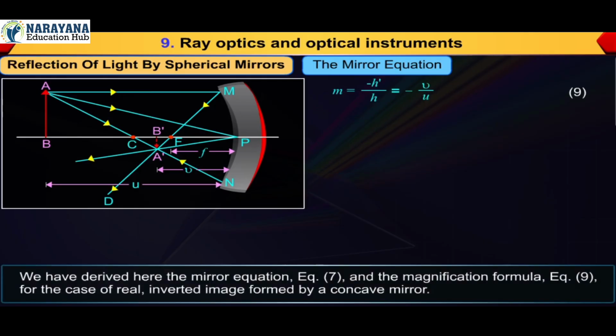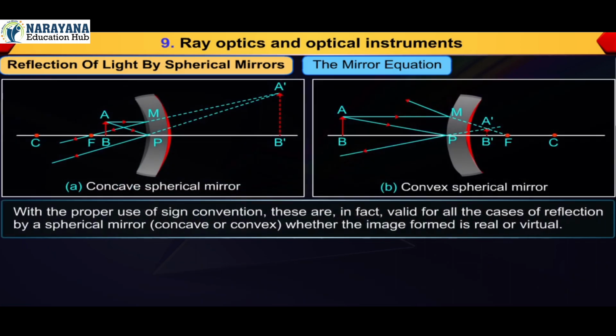Equation 9. We have derived here the mirror equation, equation 7, and the magnification formula, equation 9, for the case of a real inverted image formed by a concave mirror with the proper use of sign convention.